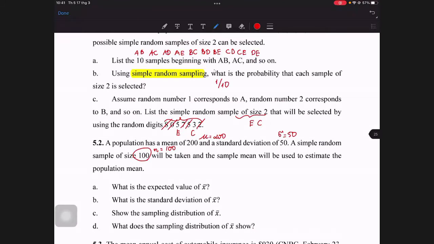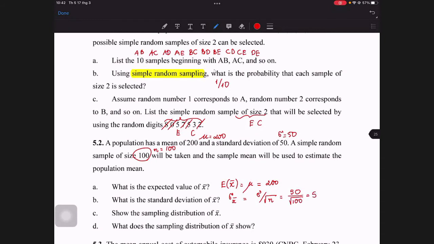The expected value of X bar is equivalent to the mean, in this case equal to 200. The standard deviation of X bar, sigma X bar, is equal to sigma divided by the square root of n. Here our sigma value is 50, and n is 100, so it is 5.